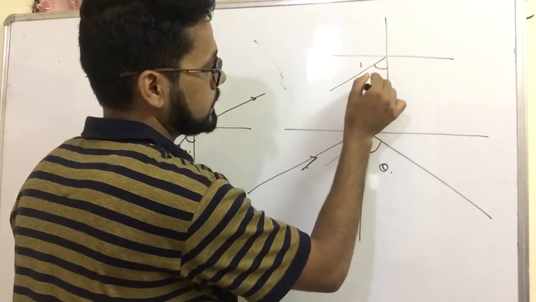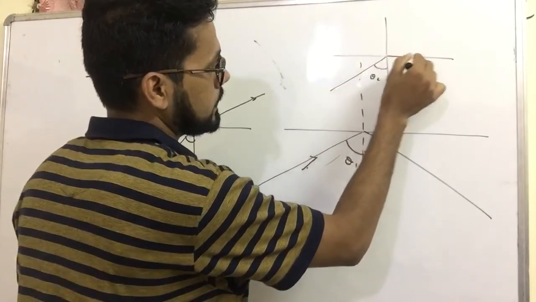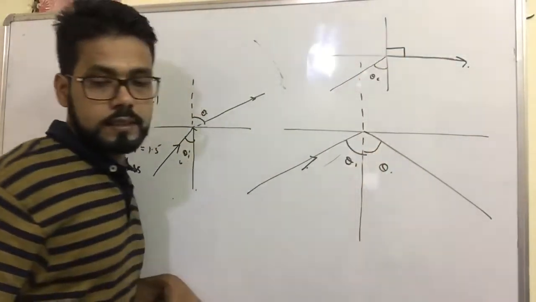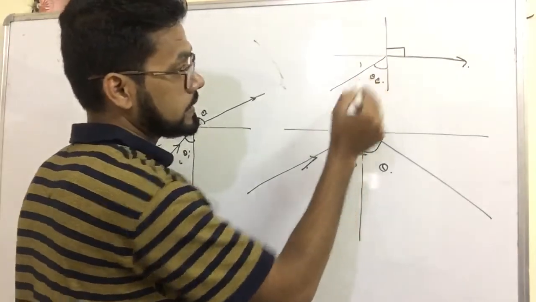This is theta incident critical, and then the ray moves to the normal. This is the angle, known as the theta critical, C.